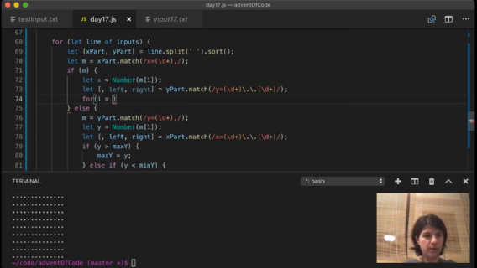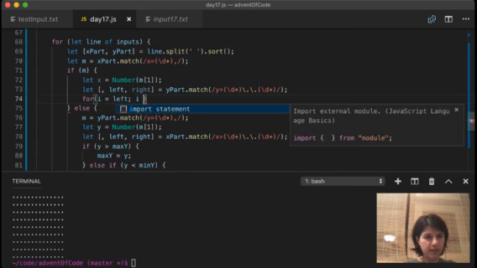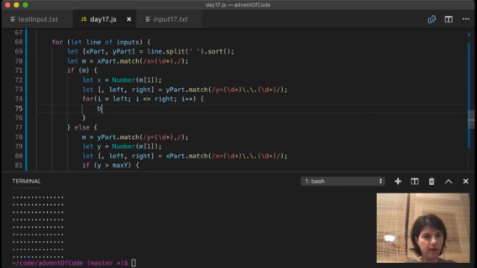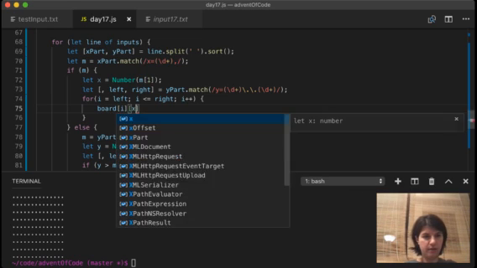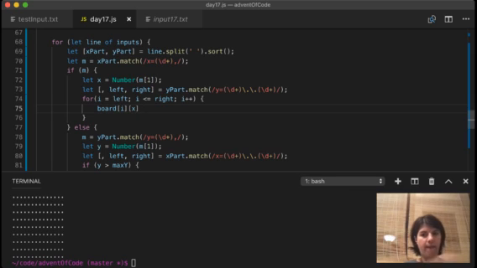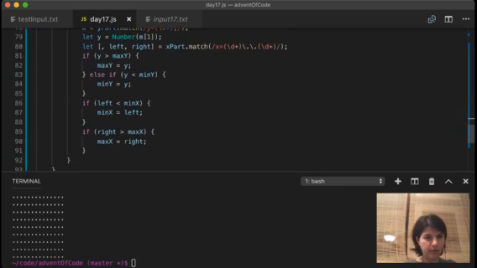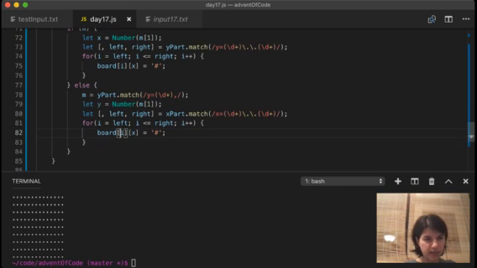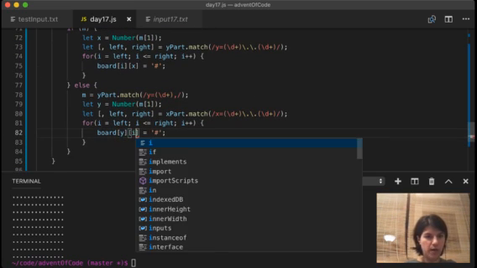Now I need to do for i is equal to left, i is less than or equal to right, i plus plus, and then board of i x. Oh, so now board is y x, it's yx instead of xy. Okay, that's good to remember. So that's clay. And then the same down here. I'm not trying to find the min and max. I'm going from left to right. And in this case, y i.